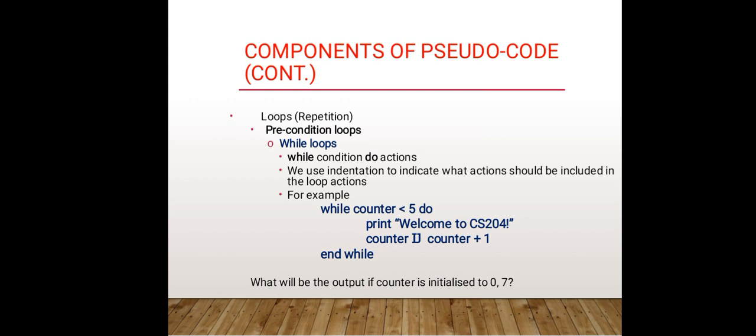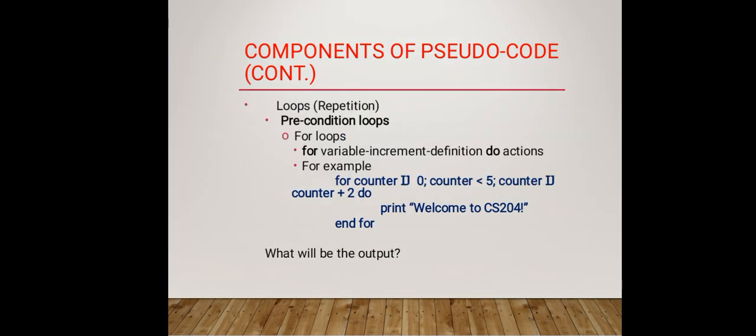Then counter left arrow counter plus 1, end while. What would be the output if the counter is initialized to 0? These are just some of the computer coding programs.